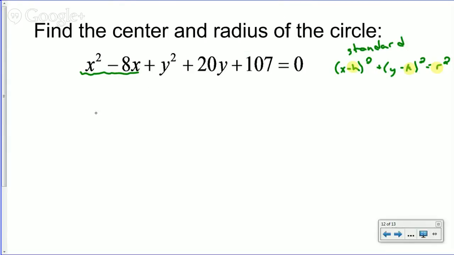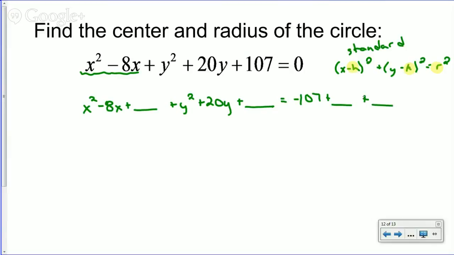So we're going to use completing the square for this. So I'll take x squared minus 8x plus blank plus y squared plus 20y plus blank equals -107. And these blanks have to get added to this other side as well. How do I know what goes on the blank?